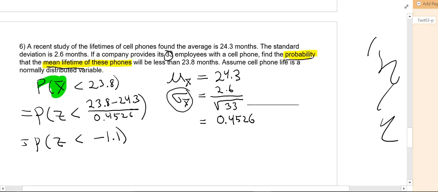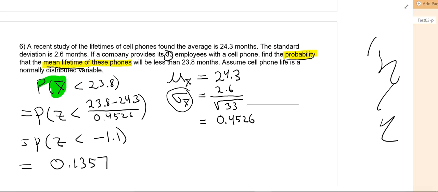This is the scenario working with the table because I'm to the left of the number, smaller than the number. So when I look up my number in the table, I get .1357. So about a 14% chance that the sample has a mean which is going to be less than 23.8. Got it?